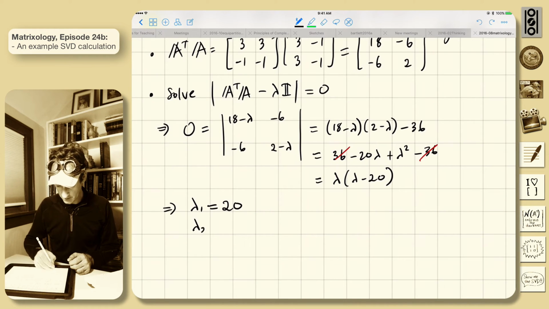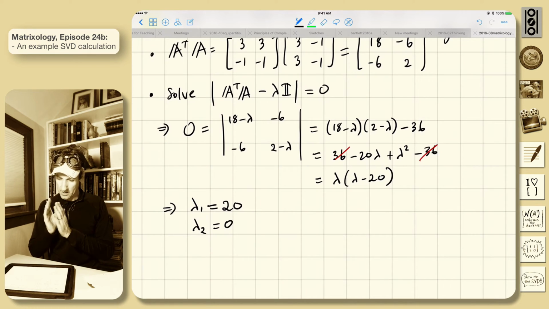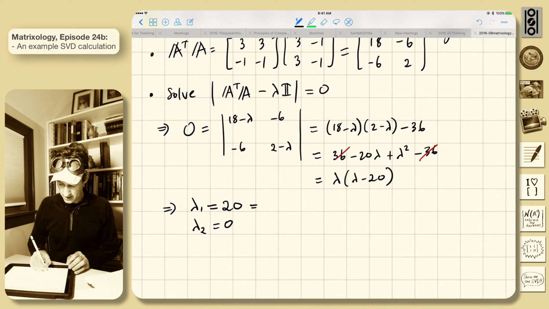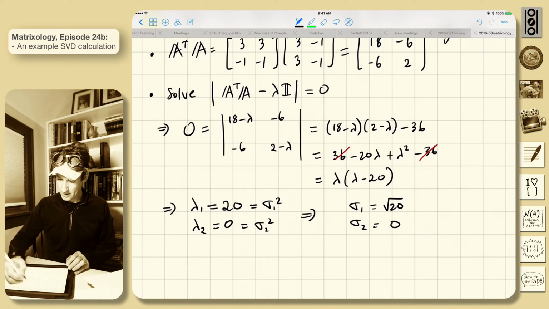Lambda 2 is 0. Good. This is the square of the first singular value, and this is the square of the second singular value. So we end up with sigma 1 equals the square root of 20, and sigma 2 is 0.